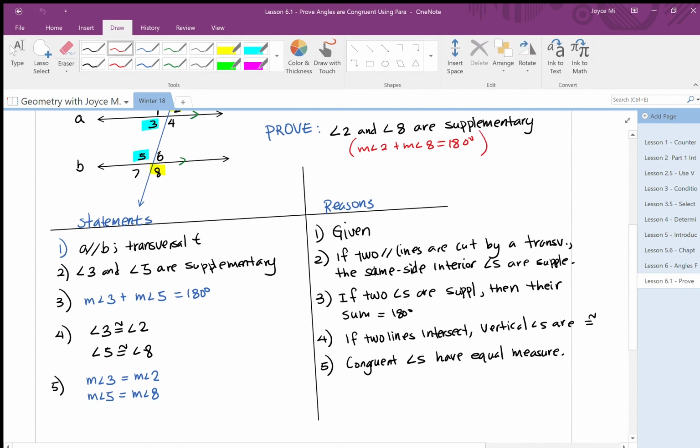But we just showed that 3 is congruent to 2. We also showed that 5 is congruent to A. Well, that's exactly what I want over here, 2 and A. And so if I could substitute angle 3 with angle 2, angle 5 with angle A, then I'm done. I have what I needed.